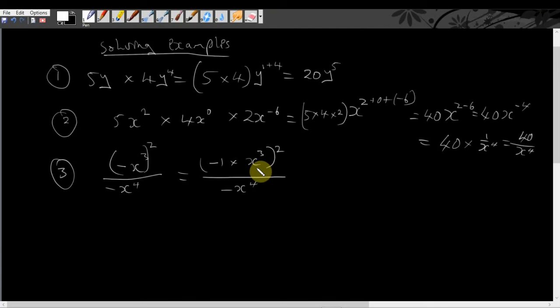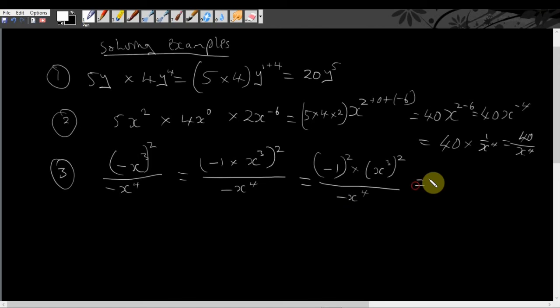I split it this way so that you will understand the way we are solving it, so that you don't make mistake with this sign before this x. This is simply minus 1, all in parenthesis squared. I'm applying the 2 to all of them, multiplied by x to the power 3 in parenthesis to the power 2, all over minus x to the power 4.